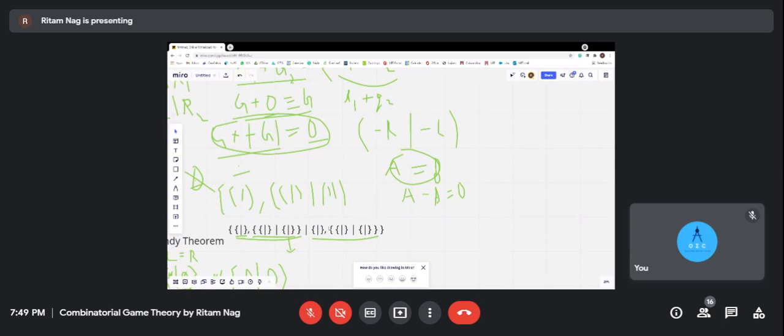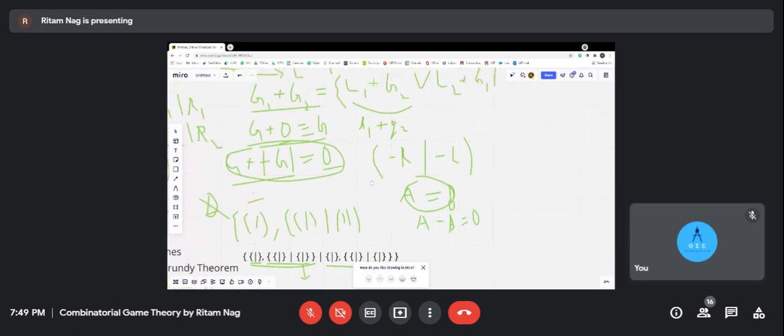Not necessarily. There are other games too. Star games are all the impartial games, but there are partial games too. We need to define the negative of that as well, where the first player will win and the second player will lose. We'll need to define minus of star 0, right?